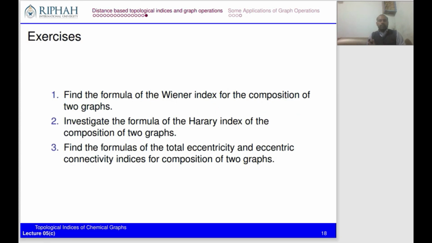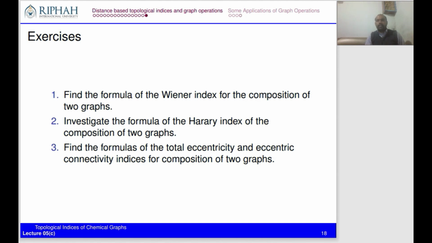We didn't discuss the eccentricity and the distances in the composition of graphs. You should try to investigate the distance formula between two vertices in the composition of graphs. Also investigate the eccentricity formula of a vertex in the composition of graphs.